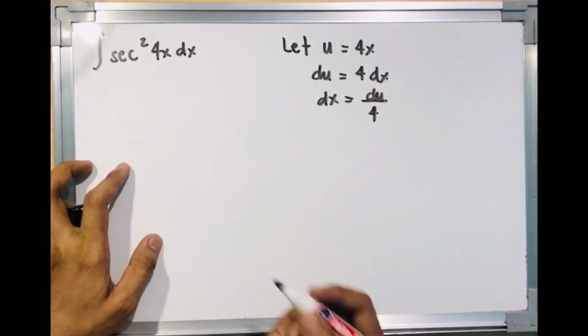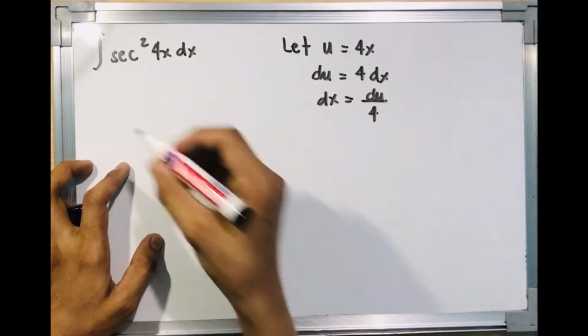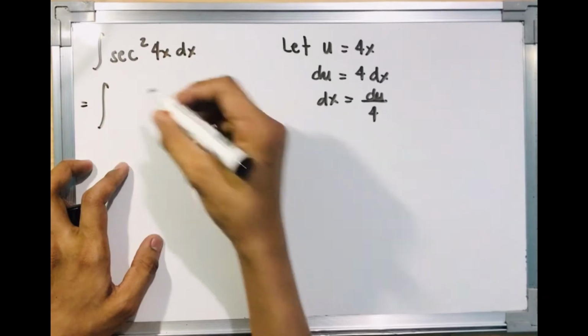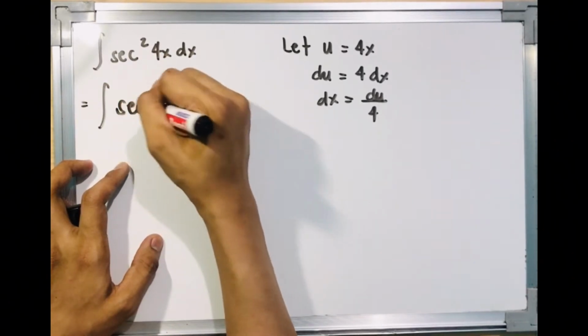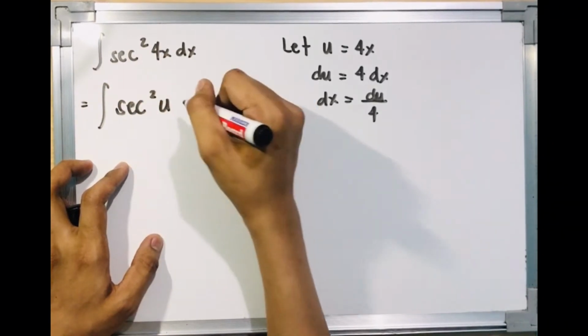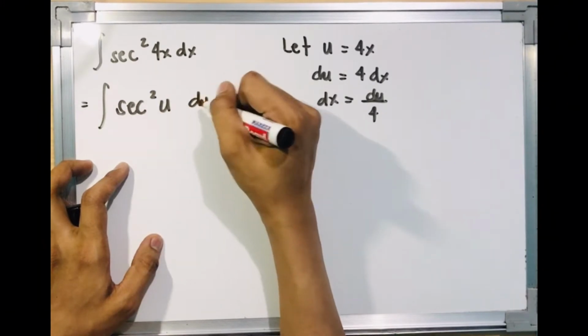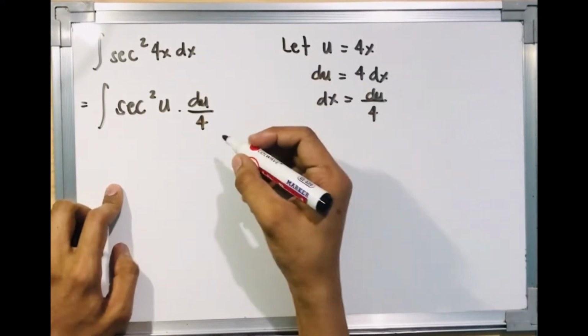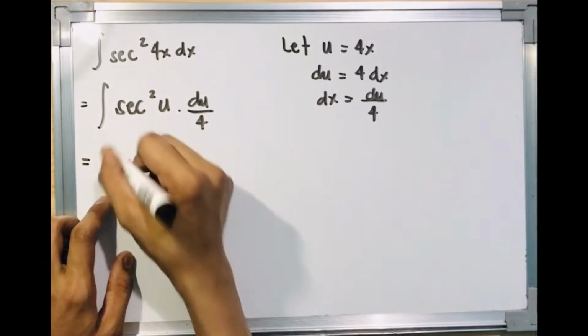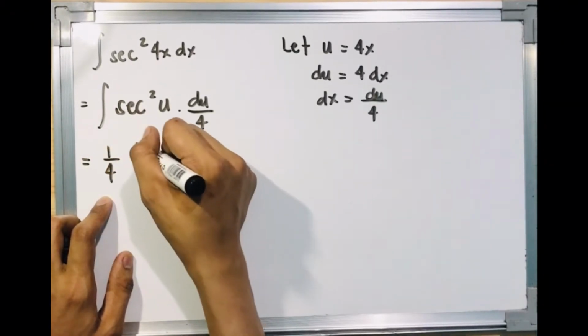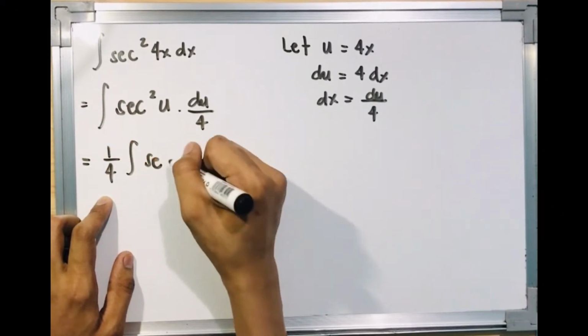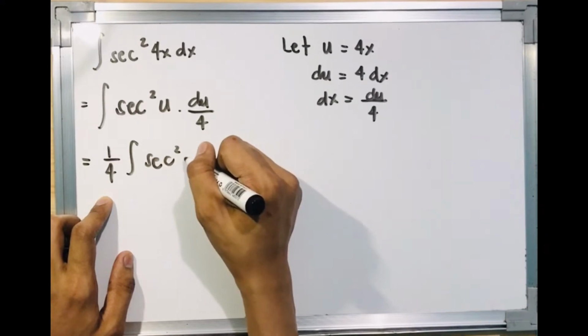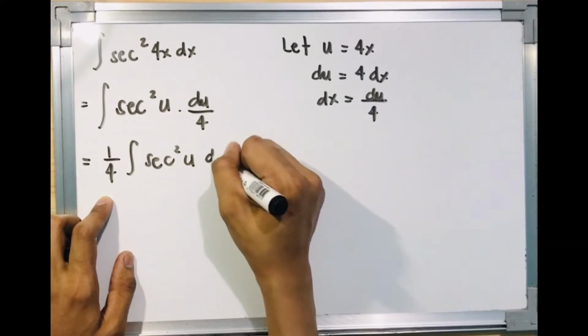So, substitute na natin yung values na to. Therefore, the integral of secant squared u, and my dx is du over 4. So, ilabas ko na lang sa integral sign yung 1/4. So, 1/4, the integral of secant squared u du.